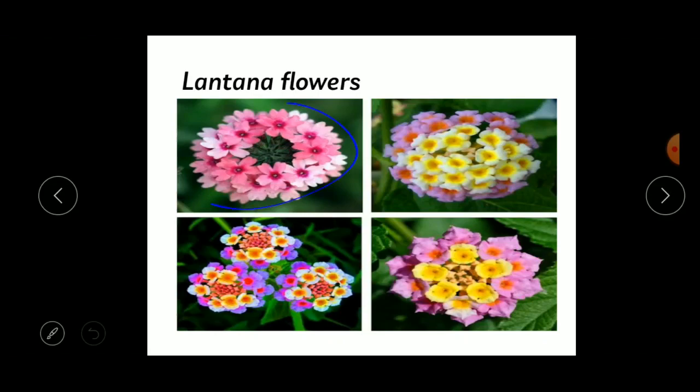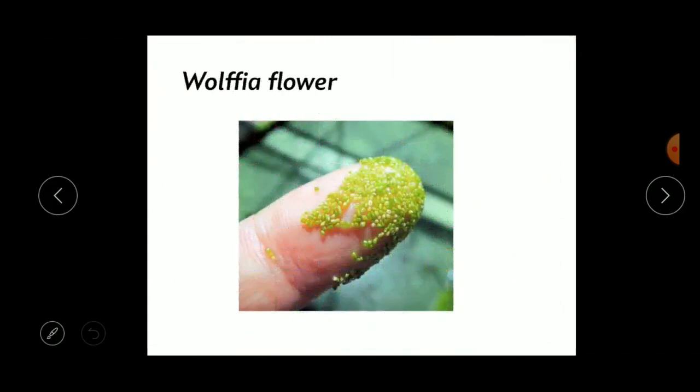See the colors of these flowers. Yes, see how beautiful these are. So the lantana flowers are the most beautiful flowers in the world. Understood, children? Okay.